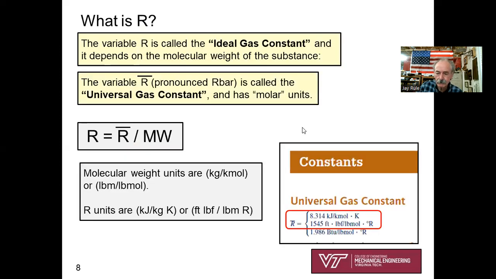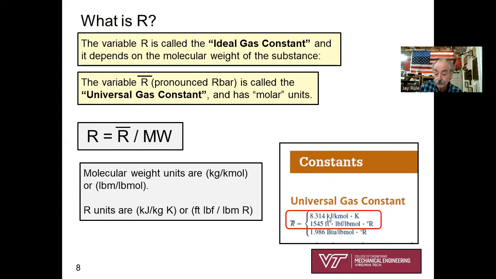Now, what's R? So we go back to PV equals MRT. What was R? Well, R is called the ideal gas constant, and it's defined, R, the gas constant for each substance, is defined as R bar over the molecular weight. And R bar is a universal gas constant. And here it is. You better be able to find this one page of constants and conversion factors and print it out on paper.